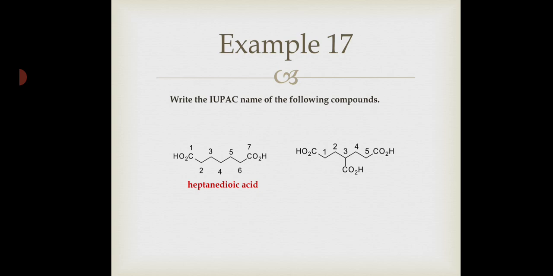The moment we put a third carboxylate group, our numbering will start not from this carbon but from this carbon, 1, 2, 3, 4, 5, leaving this carbon. This is to give equal importance to all carboxylic acid groups.